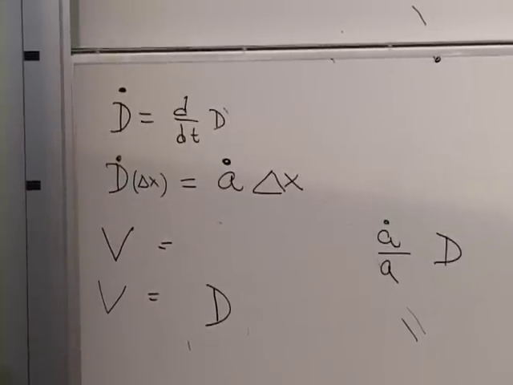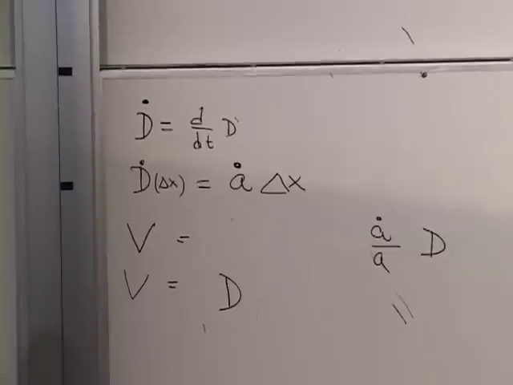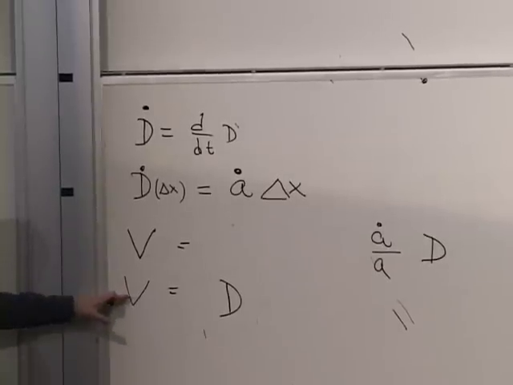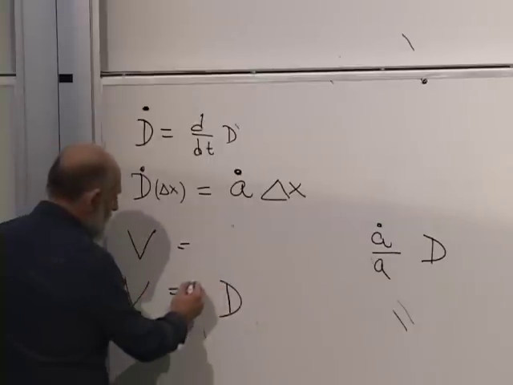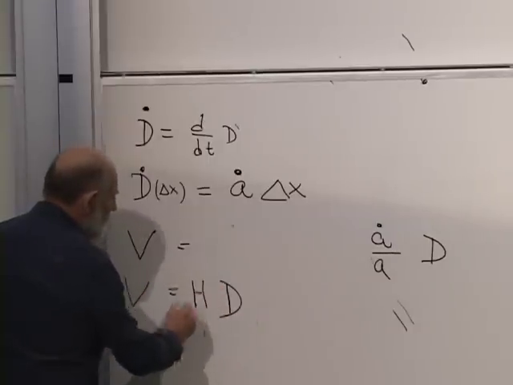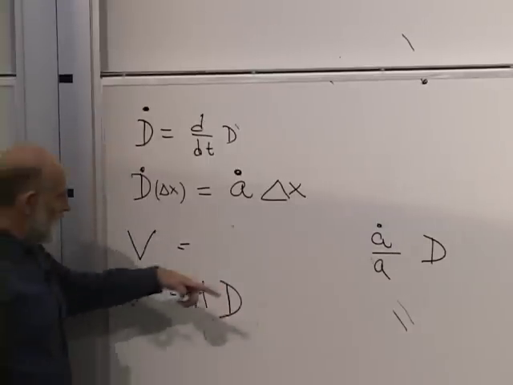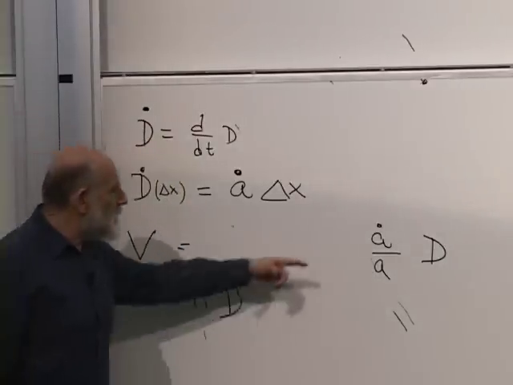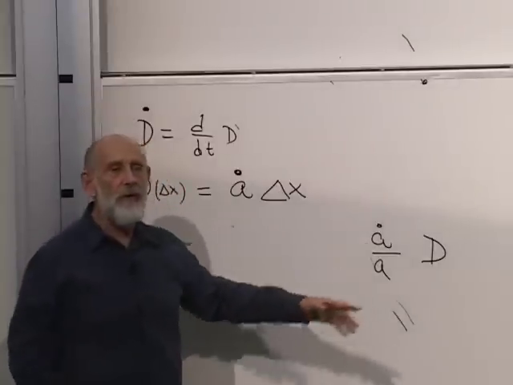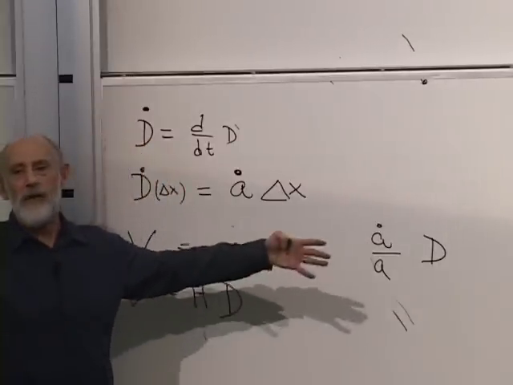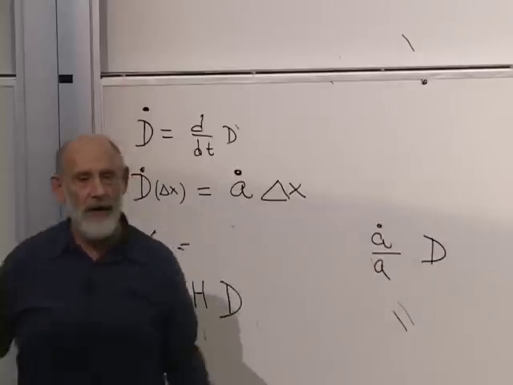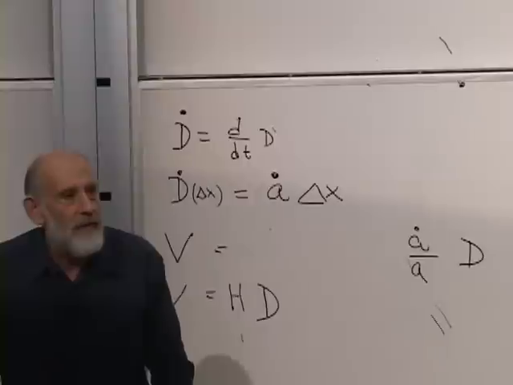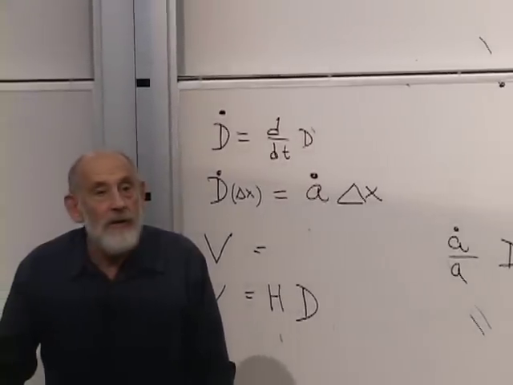The Hubble constant. Velocity is proportional to distance, is what this says, with a number in there, A dot over A. Now, is this necessarily constant if the universe is expanding and contracting or doing whatever the devil these giants have decided to do? Is A dot over A a constant?